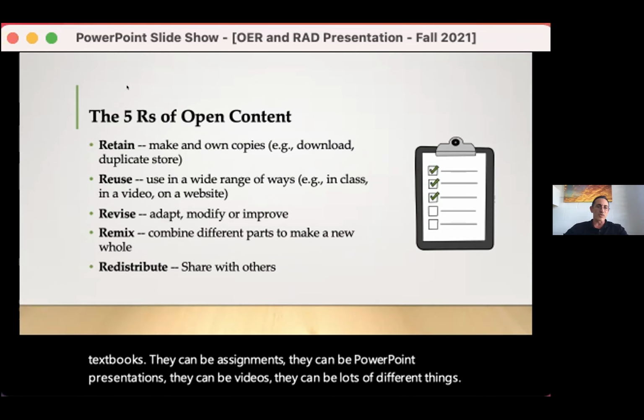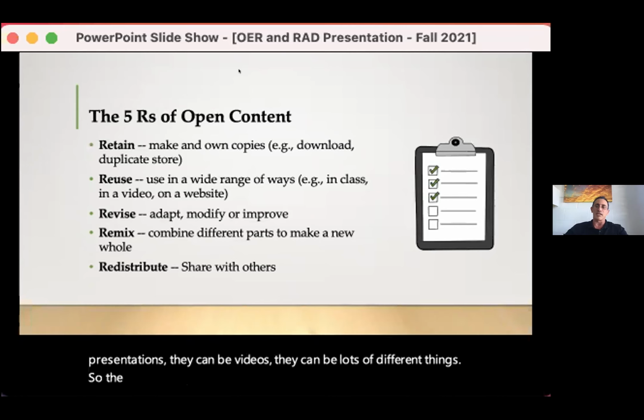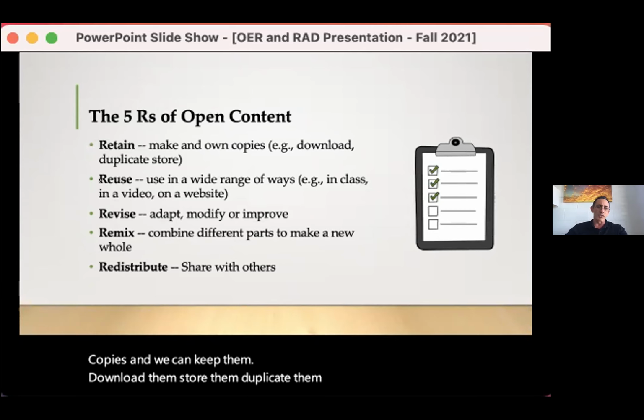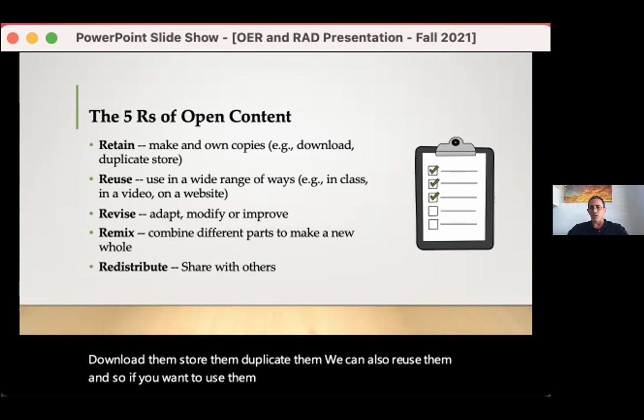The first R is that we can retain these. We can make copies, keep them, download them, store them, duplicate them. We can also reuse them. If you want to use them in classes, put them in videos, or include them in websites, you're welcome to do that.